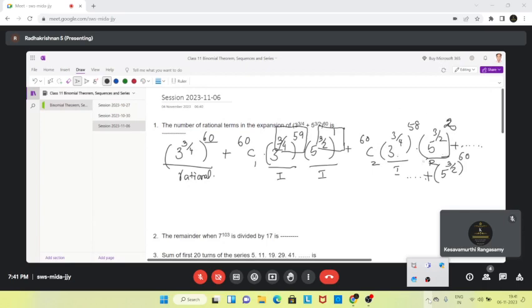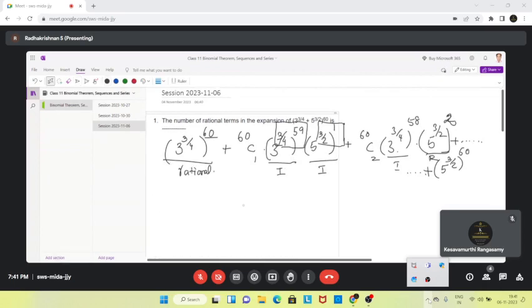The whole term is still going to be irrational, because both parts should be rational for the term to be rational. So now all we have to do is count where the first part will be an integer, and where both parts are integers and where they are not.